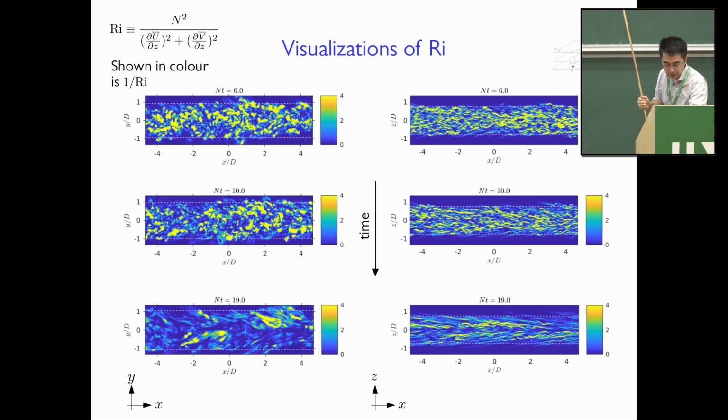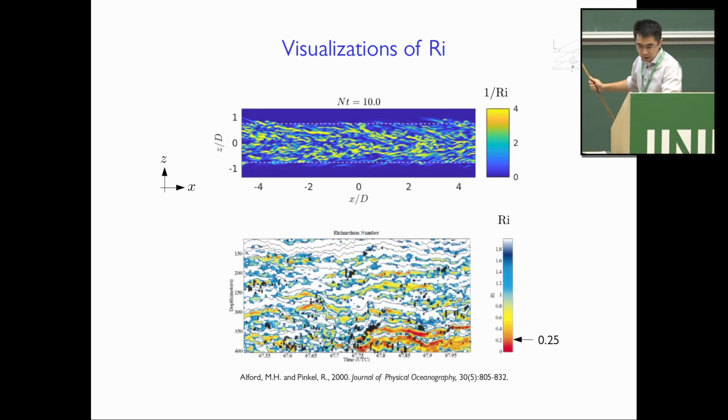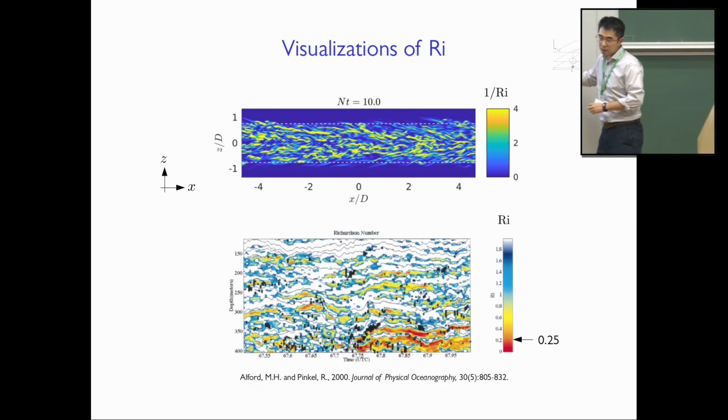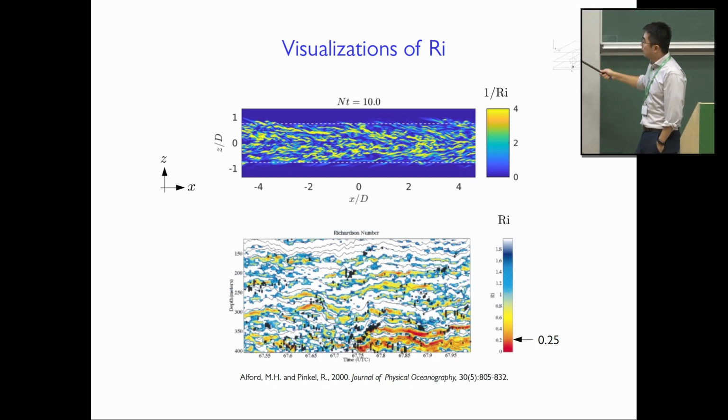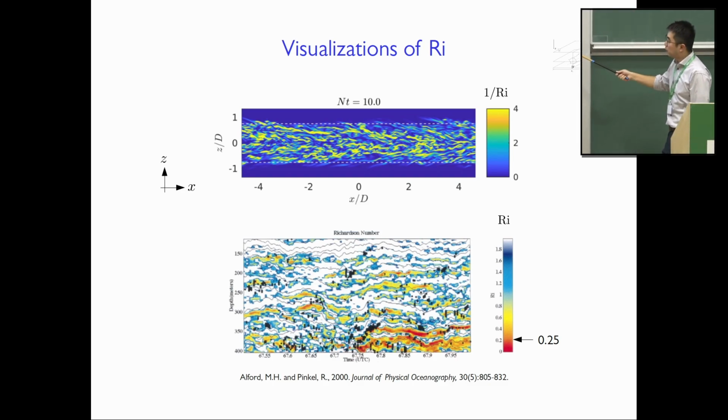And if I take the side view on the right and compare it with the field measurements, this is the RI from oceanic measurements, and anything warmer than this orange color is unstable.